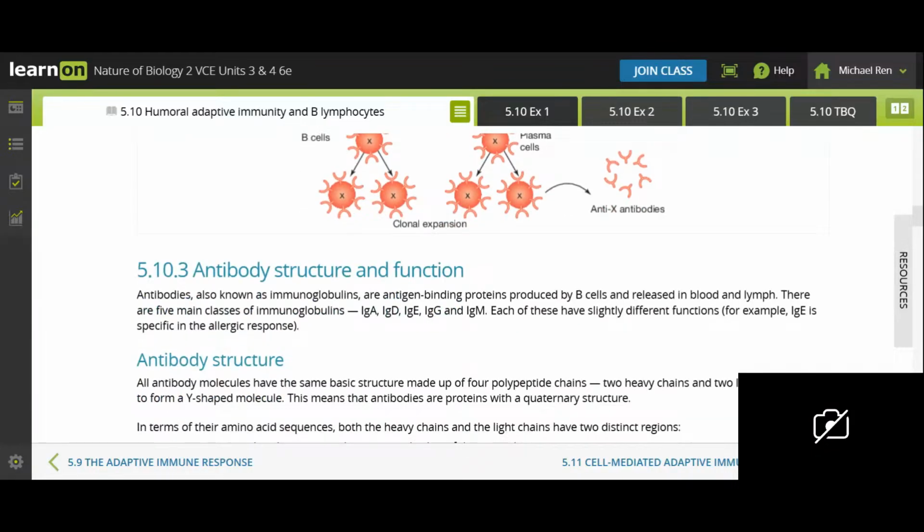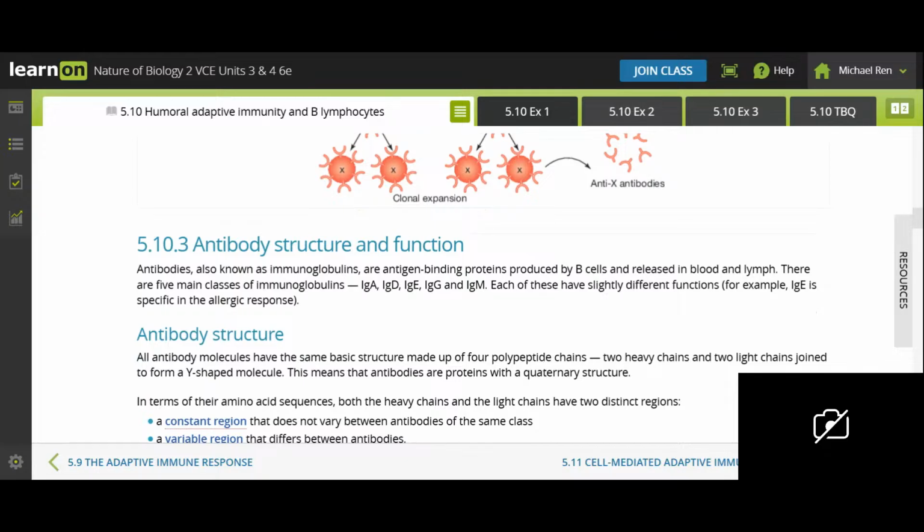So how does the humoral immune system work? It relies a lot on plasma cells spamming out antibodies. Antibodies are basically Y-shaped molecules consisting of light chains and heavy chains. The light chains are the two small chains, and the heavy chains are the two long chains.